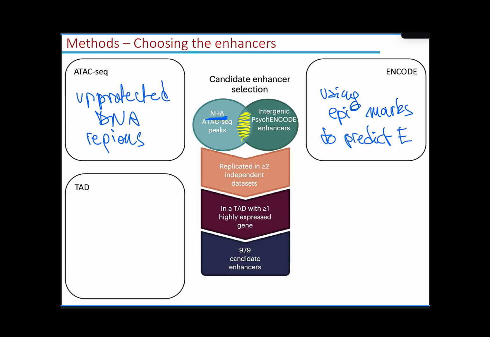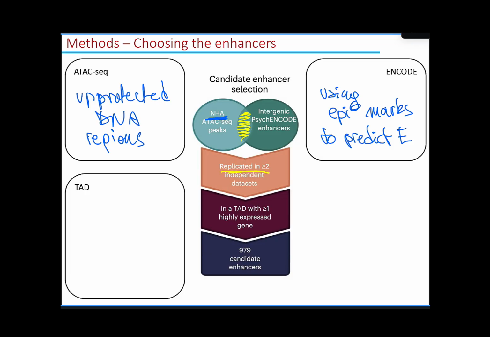Any regions that PsychENCODE said, I think this is an enhancer, and any region that ATAC-seq said, this area is accessible, they said, we're going to make them part of our list of candidates. So the candidate enhancers had to be replicated in these two independent data sets. They included some others in some cases, but those were the main two.